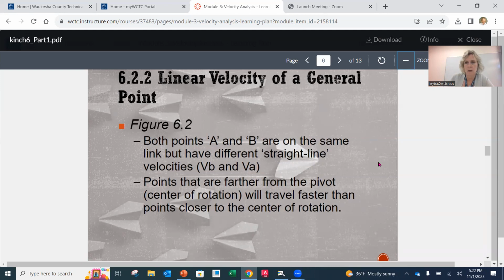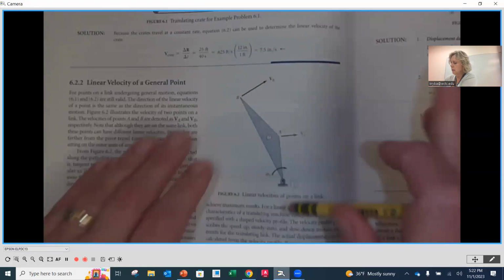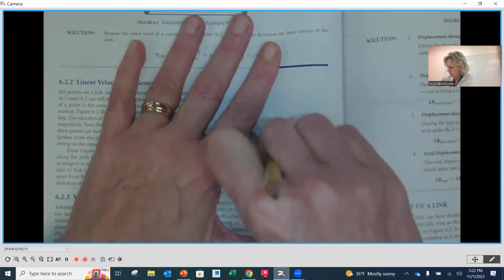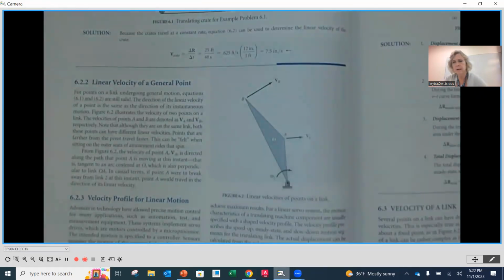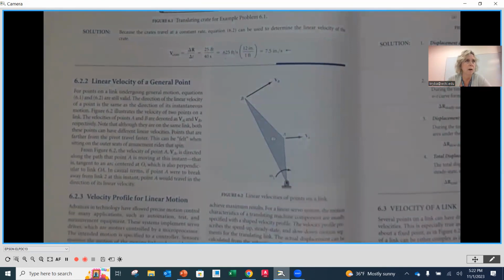Okay. So if we look underneath our camera, here is the illustration I'm referring to. On page 124, figure 6.2, we're looking at just a link. It's rotating about a fixed center, which is right here attached to what would be our frame symbol. You'll notice that it's not attached to anything else.